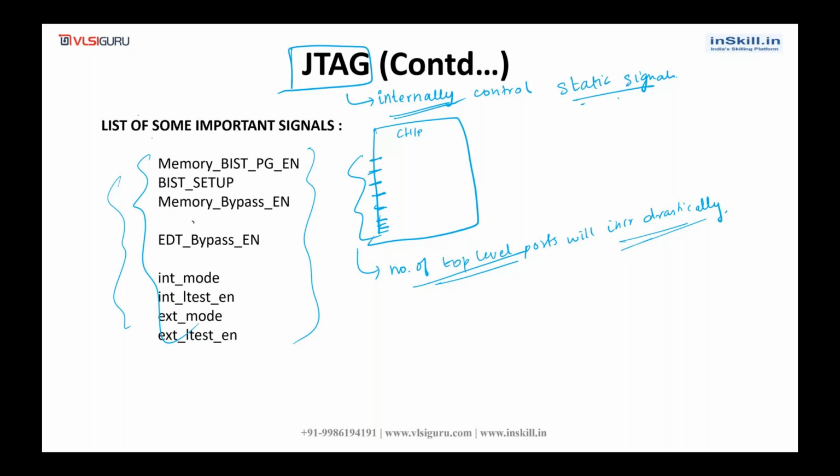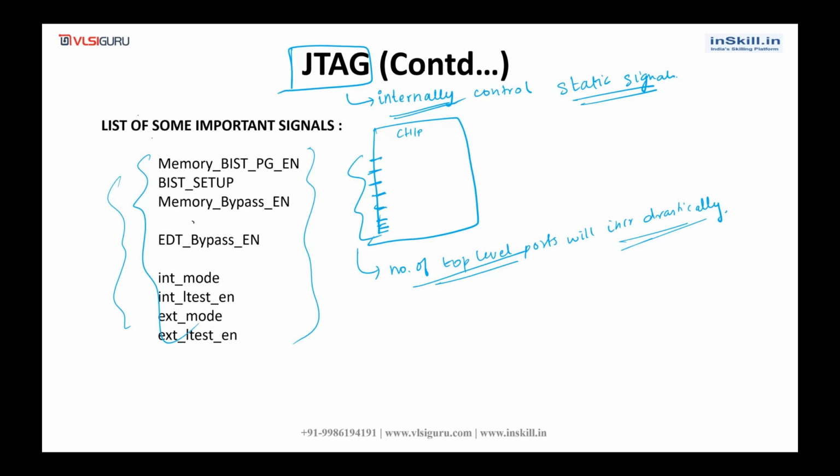As we are internally controlling these static signals with the help of JTAG, we require only 5 top level ports, the 5 ports required for JTAG: TDI, TDO, TMS, TClock and one optional T reset. So these are the 5 signals of JTAG, and only these will be controlled from top level.